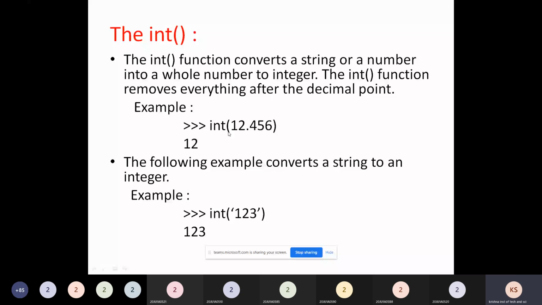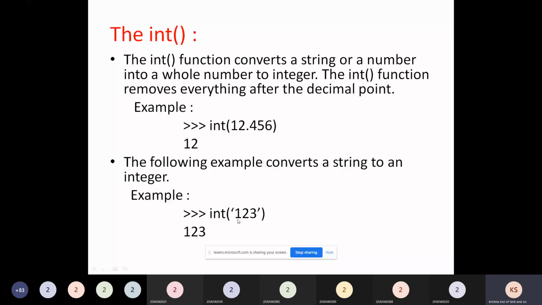For example, see here 123. We can write this number in single quotation marks. So this is not a decimal number. Whatever you give within single quotation marks is treated as a string. So here 123 is taken as a string.